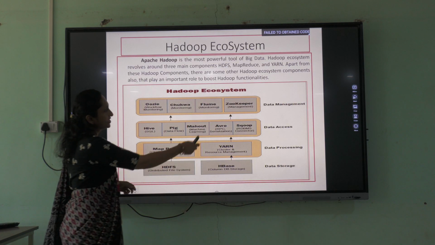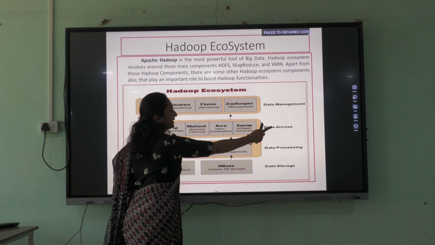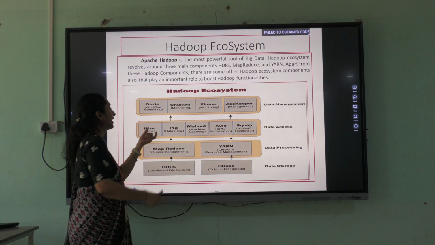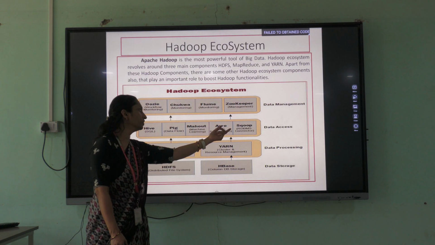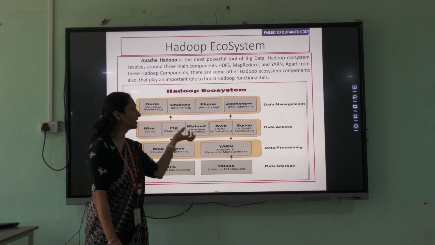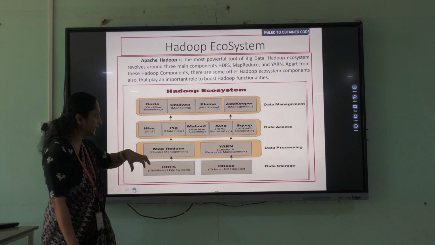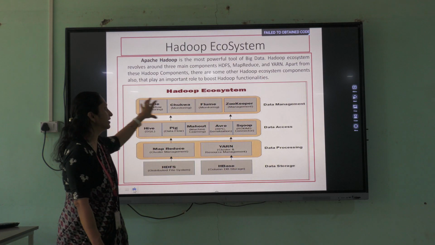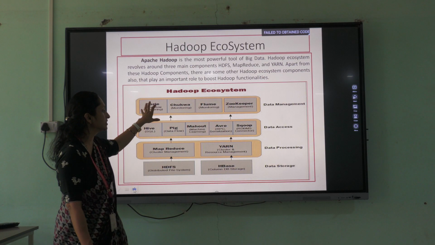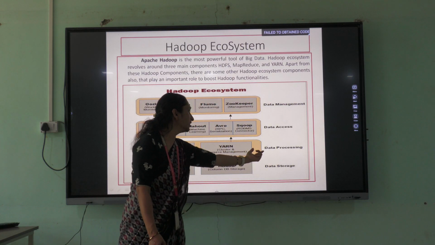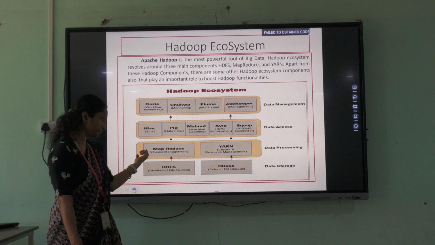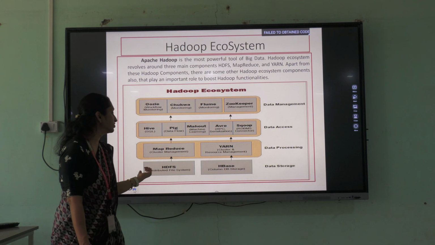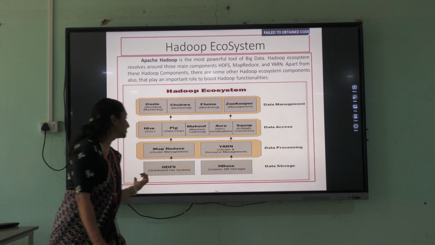So these are the sections explained like this: data management, data access, and these are Hive, Pig, Mahout, Avro. These are all data processing. This MapReduce and YARN get used for data processing, and the last section is for storage.